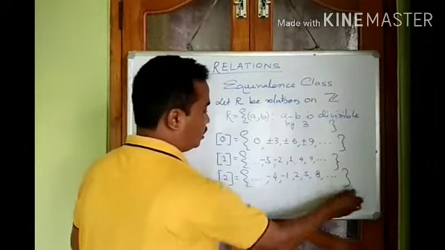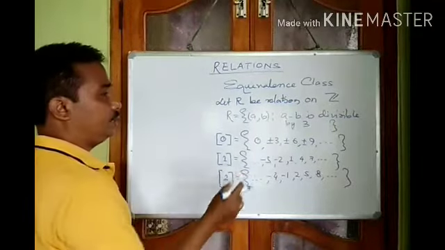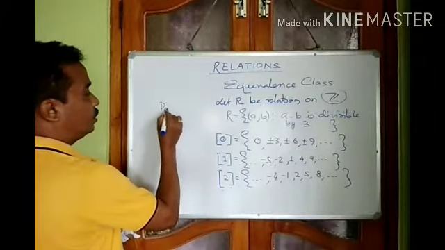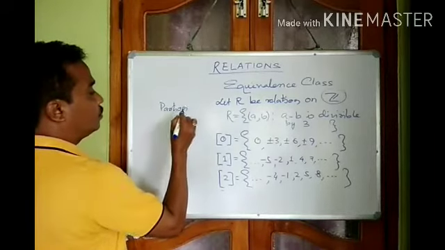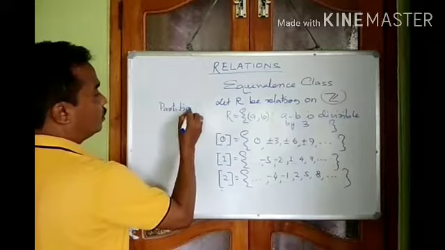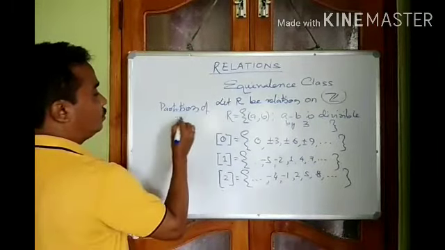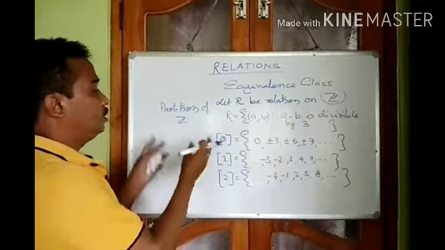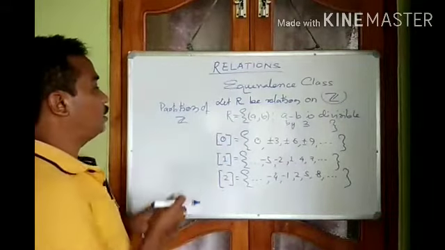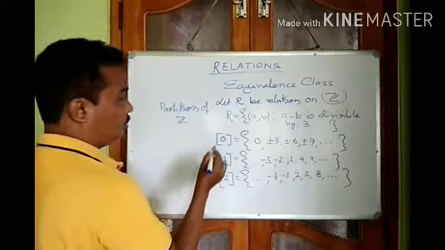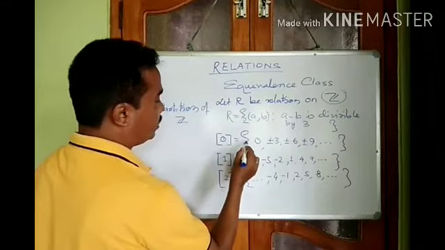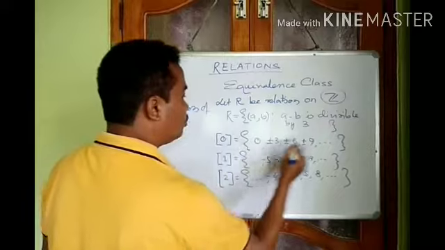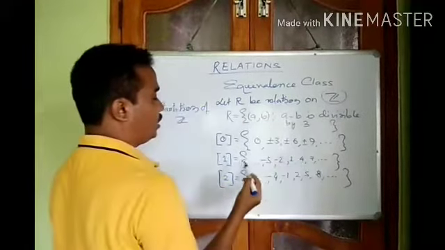So these three sets, if we unite, then we get the set Z. So these are also called a partition of Z. It means disjoint subsets of Z; if we unite them, we get Z. So this is the meaning of partition of Z. Now in each of these sets every element is related to each other, and we can also show that this itself is an equivalence relation.